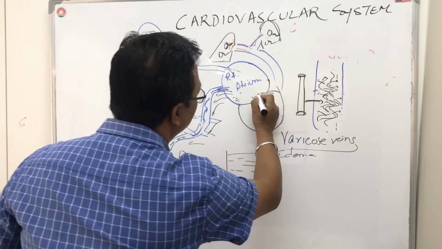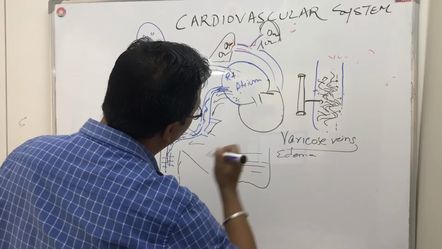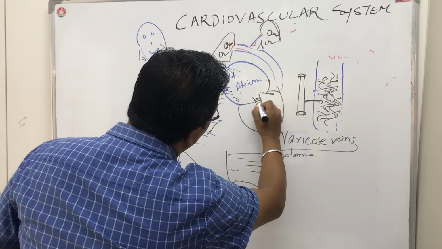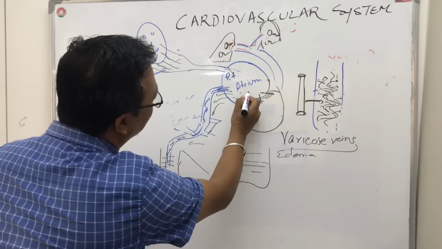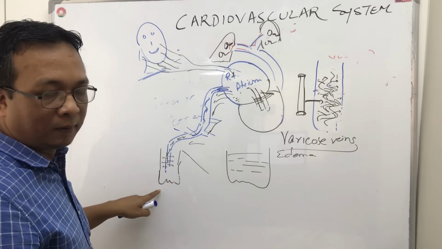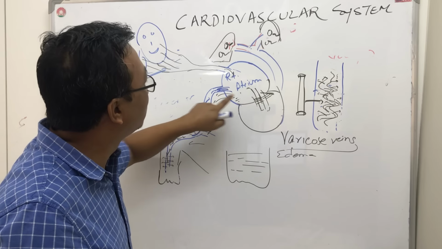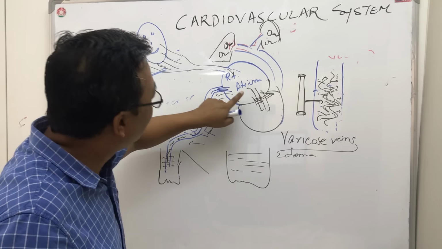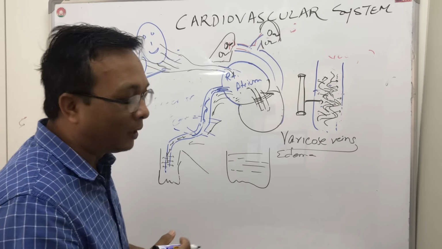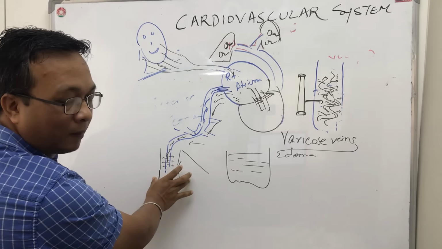It has three cusps. Sometimes this valve gets defective and doesn't allow the blood to go freely. Then the same thing can happen. If the valve is weakened, or if the muscle is weakened because of age, that is called right side heart failure, resulting in this edema.